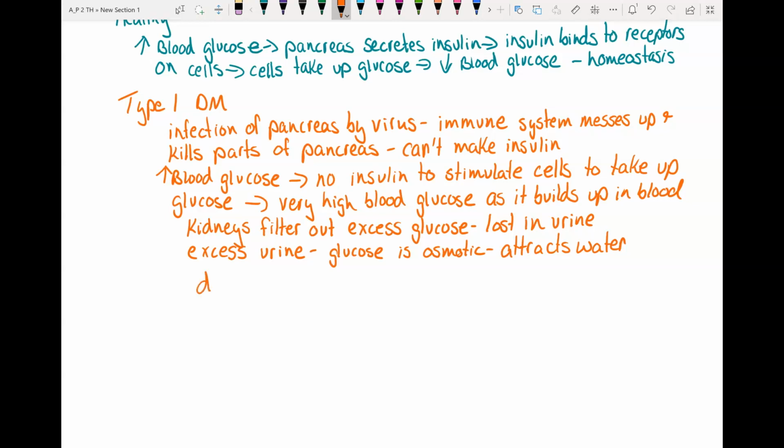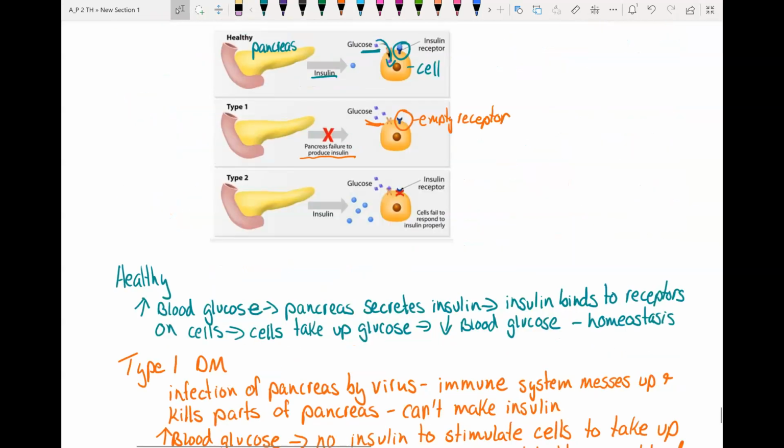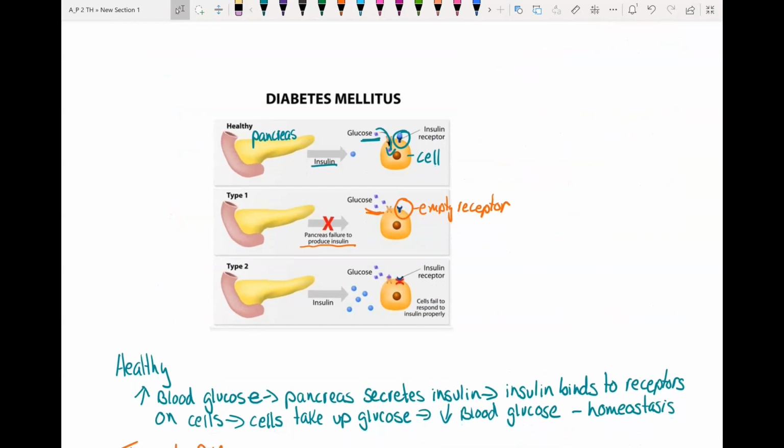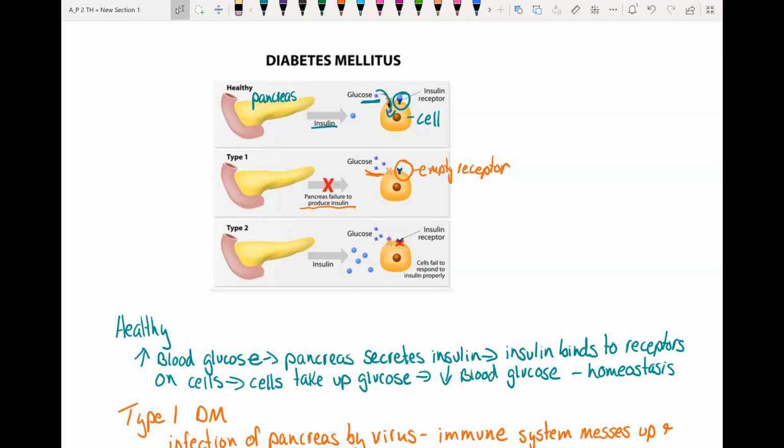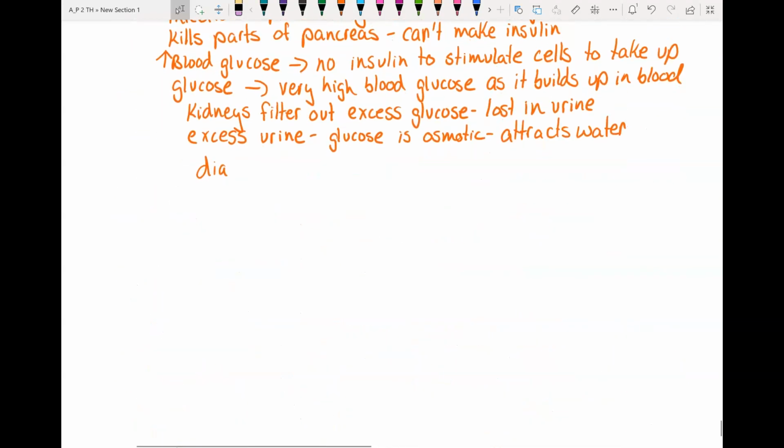And the actual name here, diabetes mellitus: diabetes means excess urine, and that's because the glucose is osmotic and attracts water. And mellitus means honey.